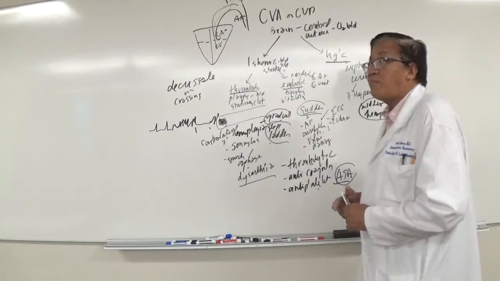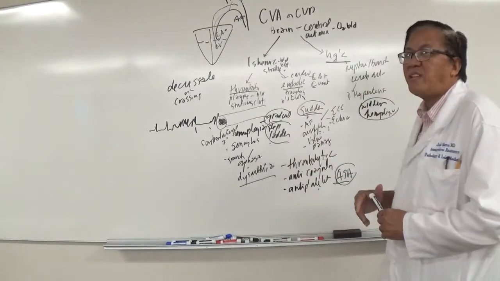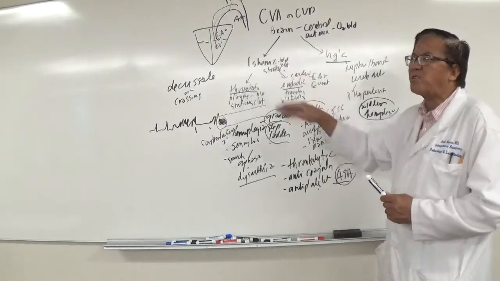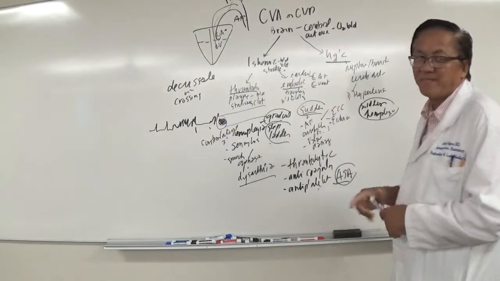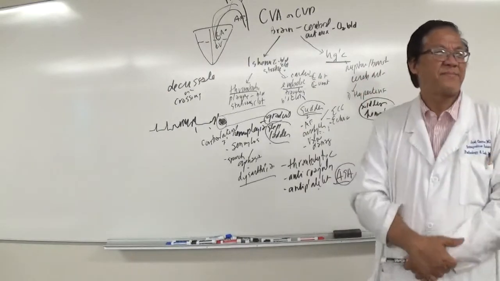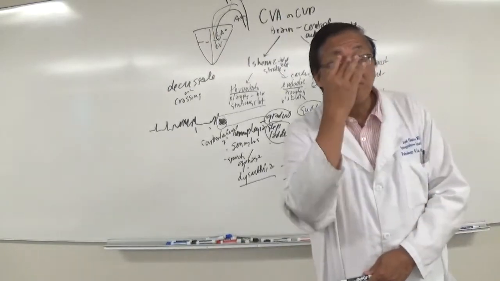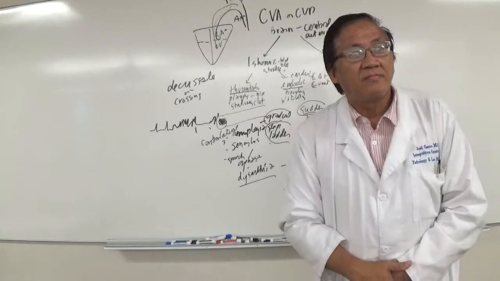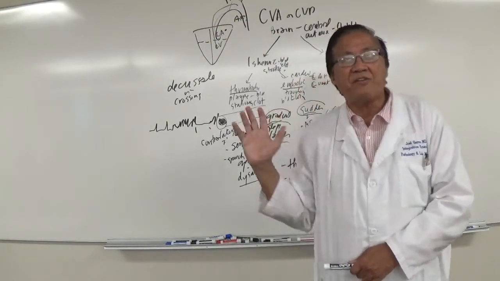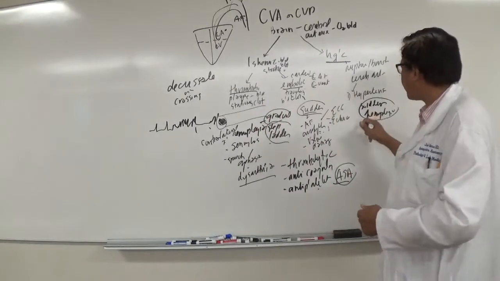Now between these three, what would make a big difference? Which one is more life-threatening, hemorrhagic stroke or ischemic stroke? Hemorrhagic is more fatal. Why? Because of the secondary injury, the body's response. So give me a specific scenario. What would be a side effect of this? Low blood pressure?